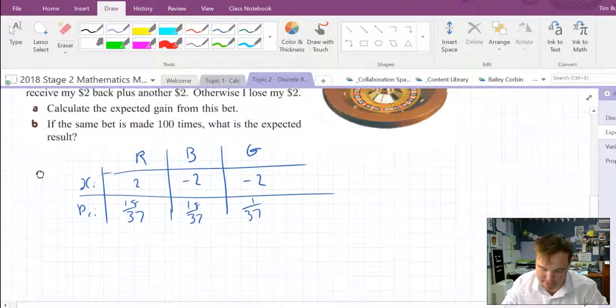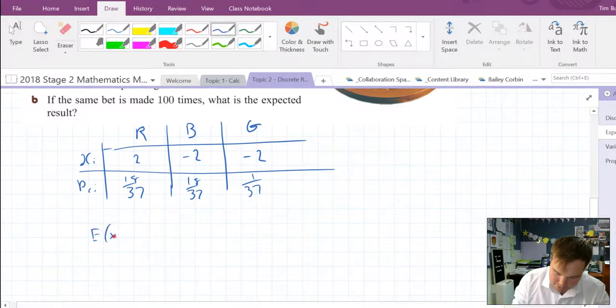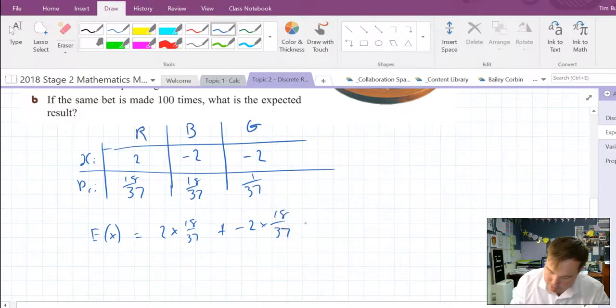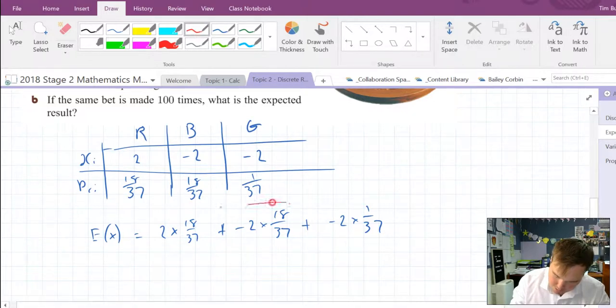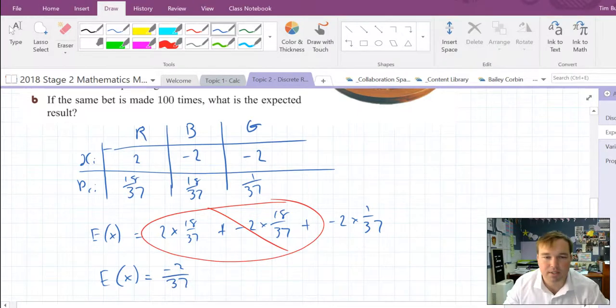So the expected outcome of this game, E(X), is 2 multiplied by 18 on 37, plus minus 2 multiplied by 18 on 37, plus minus 2 multiplied by 1 on 37. These two are the same but opposite in sign, so they cancel each other out. The expectation of X will be minus 2 on 37.